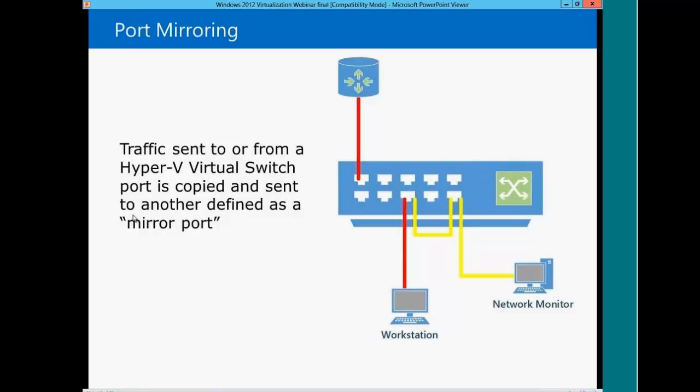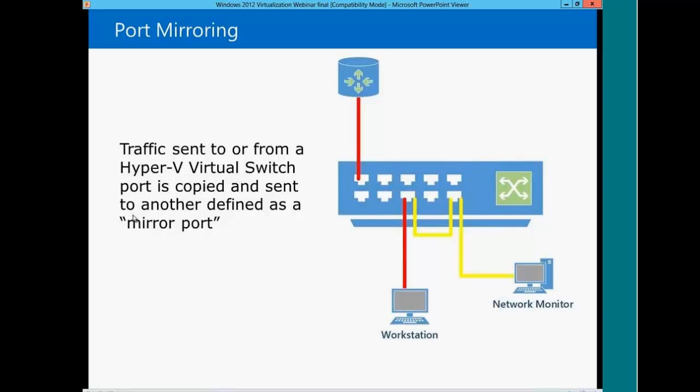The port mirroring capability: traffic sent to or from the Hyper-V virtual switch port for this particular virtual machine can be copied to another machine. Basically, we define one as the sender and one as the receiver, and then that receiving or network monitor machine, as is shown on my slide, receives all the traffic that is sent from or to the workstation.